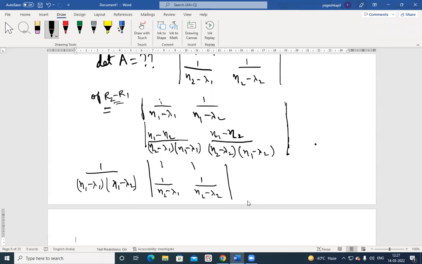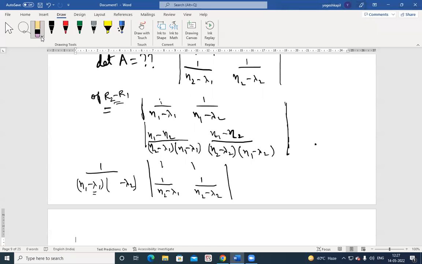Once again, I can apply the operation of subtracting columns, and take eta 1 minus eta 2 common from the second row. Is it so?